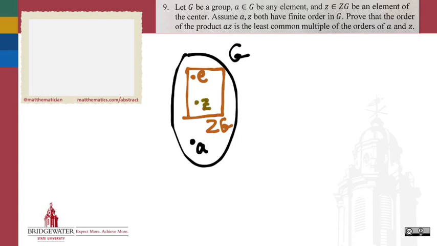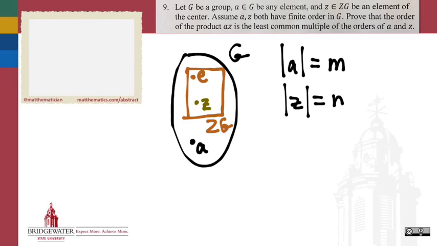We suppose that A and Z have finite order, so I'm going to follow the lead of the group that was working on this and introduce some notation. Call the order of A m and the order of Z n. And so then what we want to show is that the order of the product AZ is the least common multiple of m and n.